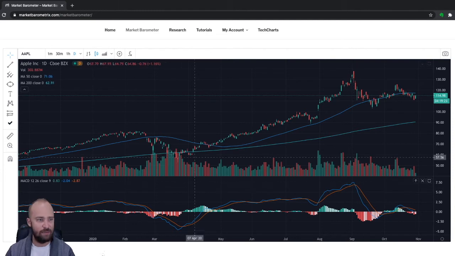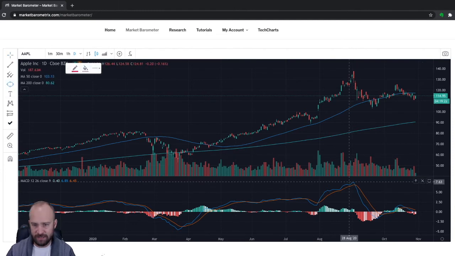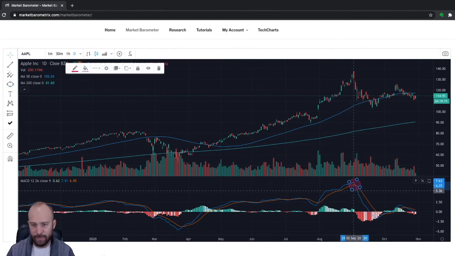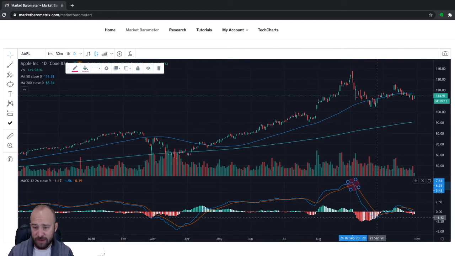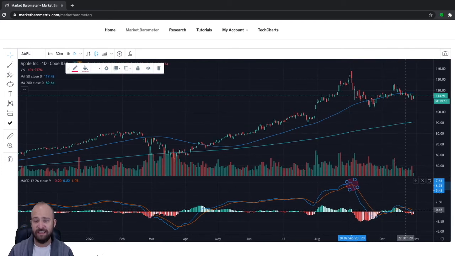You can see that happening right here. Then it turns positive for a second again, and then negative again. So this same coiling confirming to us that energy is building up for a bigger move higher or lower.